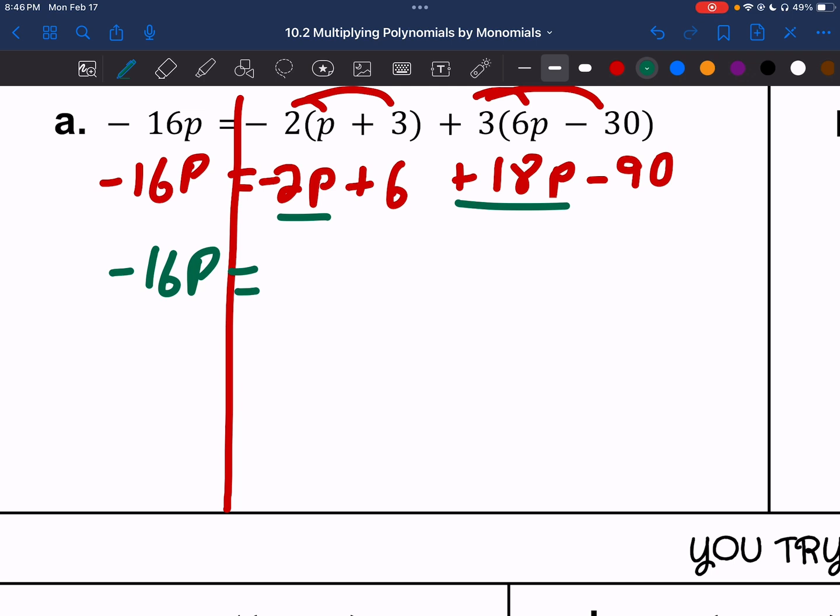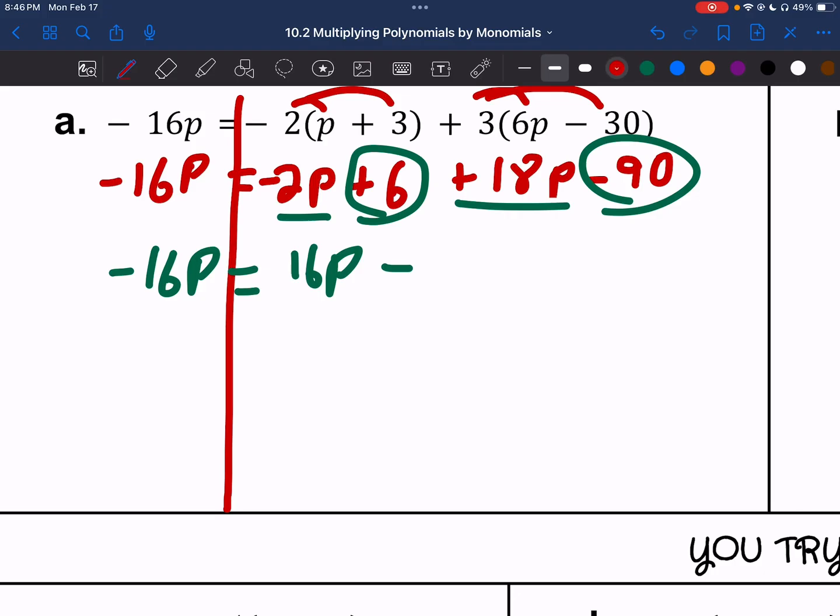We're going to have a 16p, and then we have plus 6 minus 90. That's minus, and again, oh man, I made mistakes left and right here on my distribution. So it's a minus 6 because it was negative 2 times p and negative 2 times 3. So negative 90 and negative 6 is going to combine to give me negative 96.